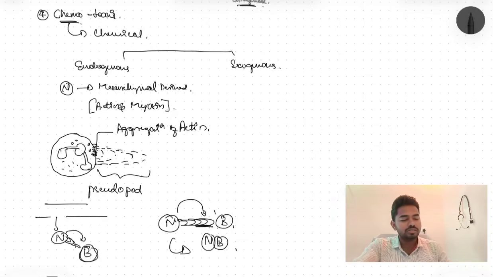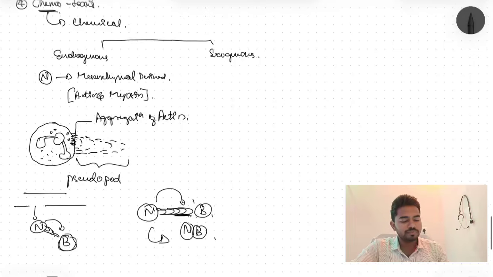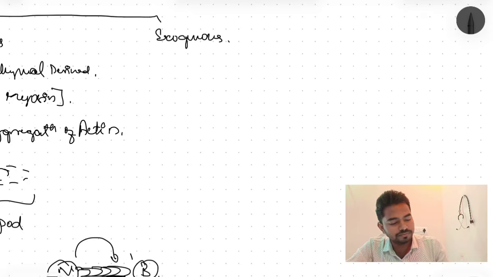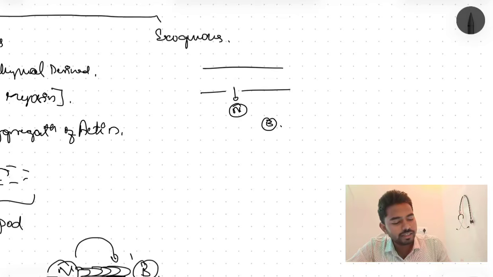And exogenous, what is the exogenous mechanism? See, this is a blood vessel. Neutrophil came here, bacteria is here. What happens now? Bacteria will generate eat me signals.